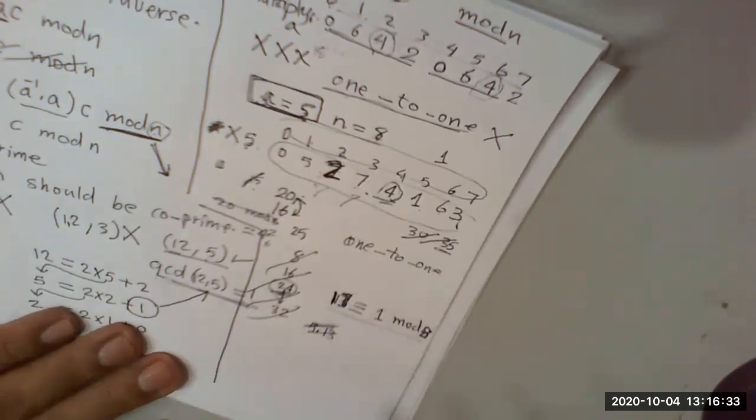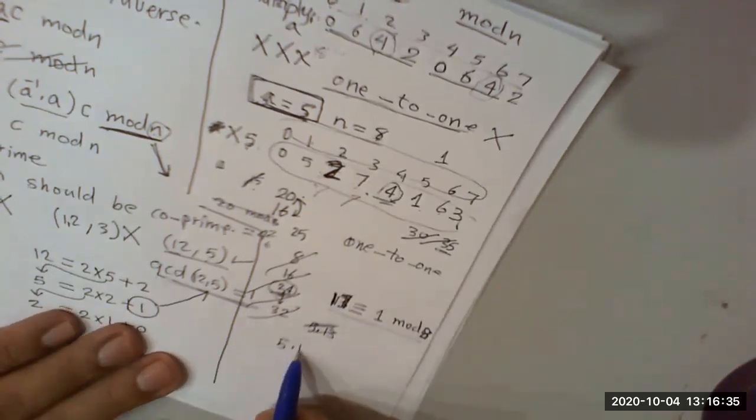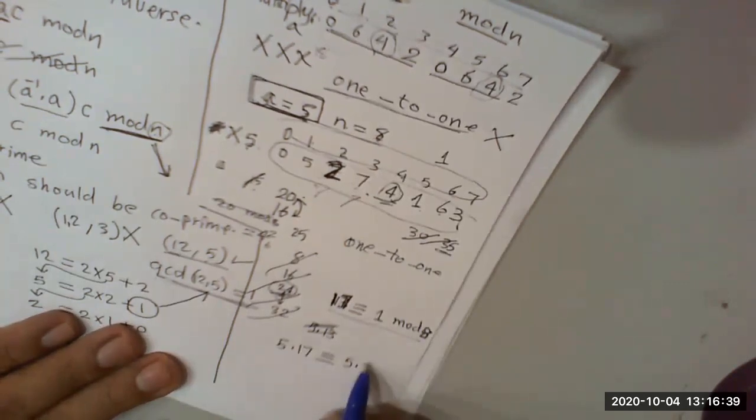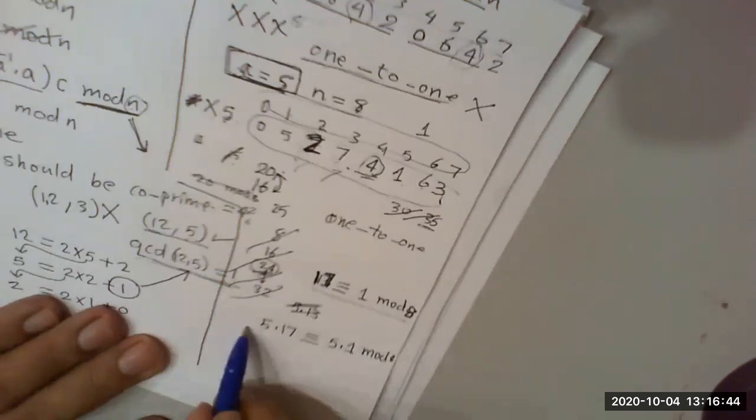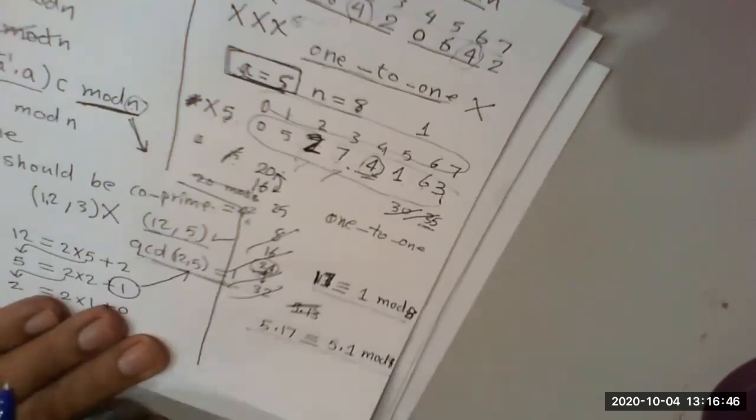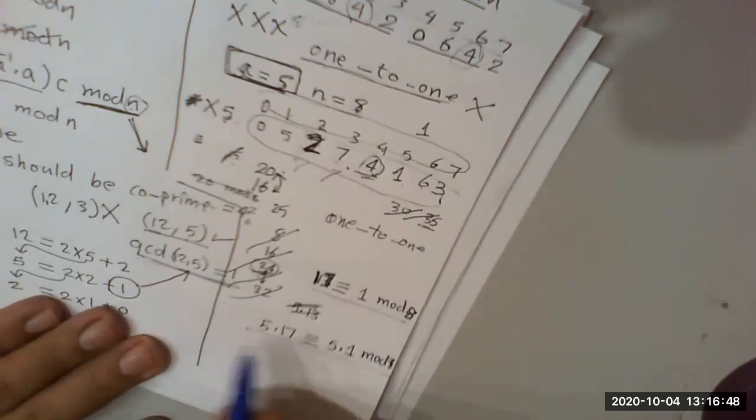Let's try 5 multiplied by 17, which is congruent to 5 multiplied by 1 mod 8. If you try this one, you will find it's okay.